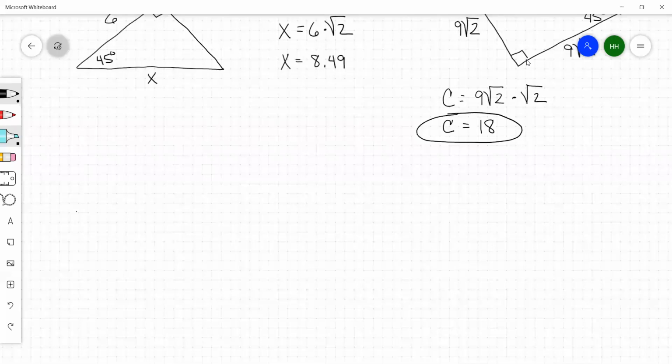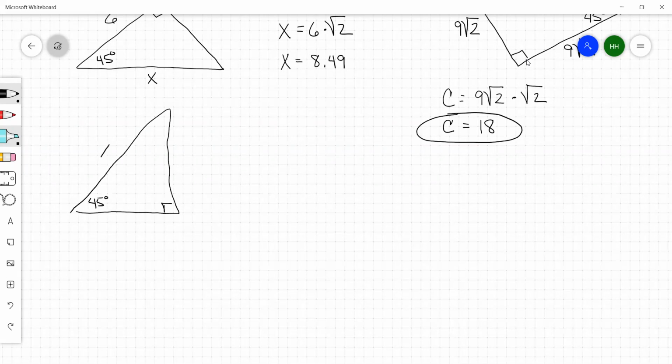Let's do this one here. Ooh, that's ugly. We got a 45, x and a 7 radical 2. All right, so our x is going to be equal to 7 radical 2 times square root of 2.